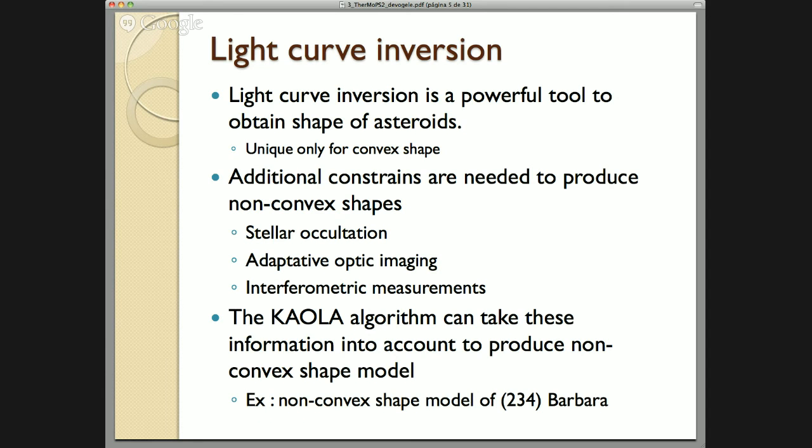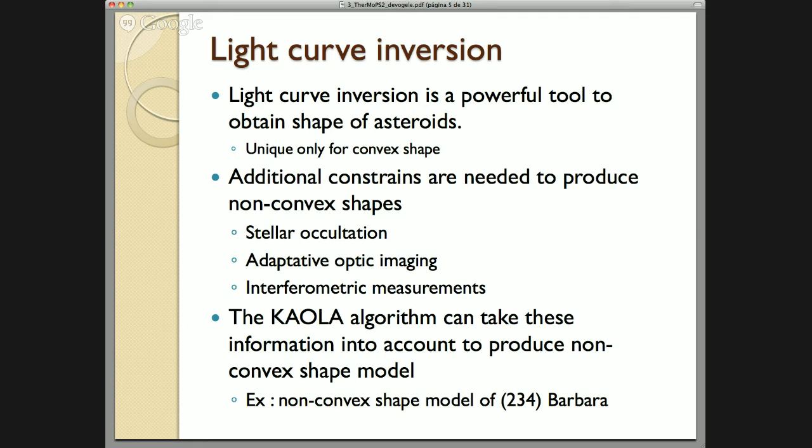The best method to obtain shape models is, of course, light curve inversion, but classic light curve inversion is known to be unique only if the model you use for the asteroid is convex. So normally no information about concavities can be retrieved with only normal light curve inversions.